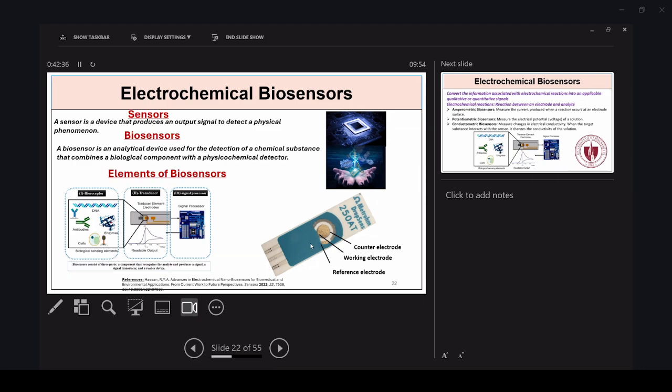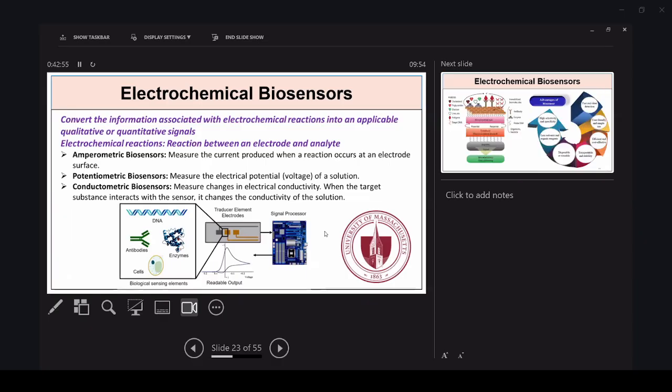So we do a series of incubating steps, or functionalization, onto this gold electrode and make this biological event occur. This gold electrode is the bioreceptor, and we do the series of interactions. Okay. So yeah, as I mentioned, this converts the information associated with electrochemical reactions into applicable qualitative and quantitative signals.